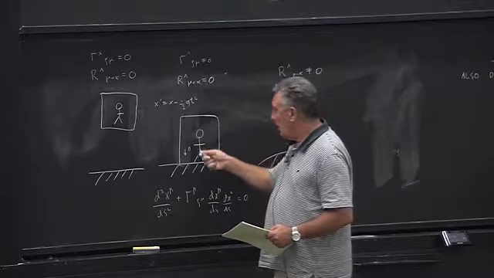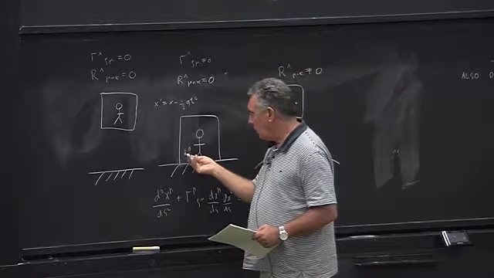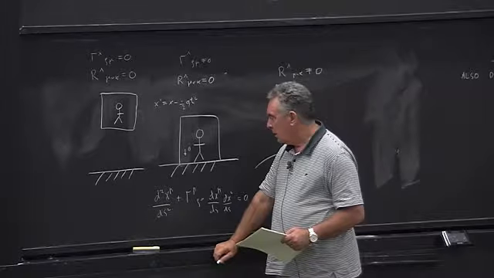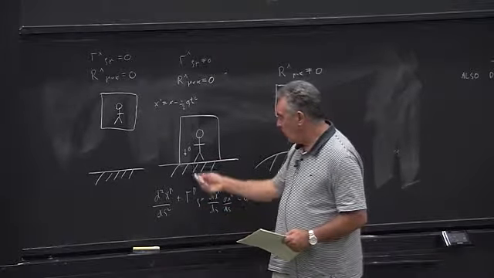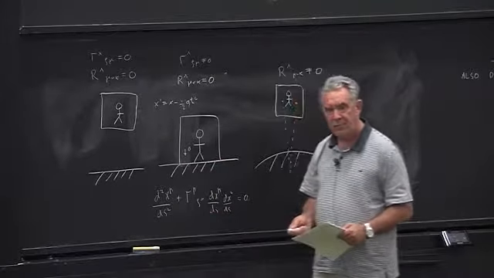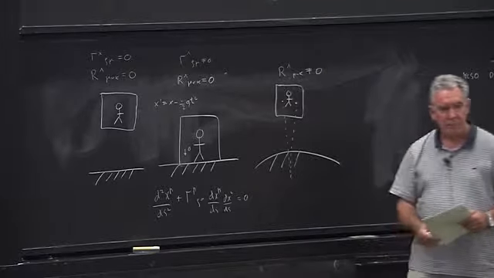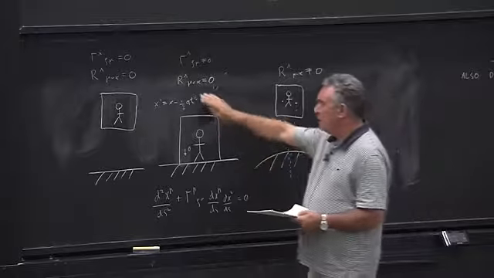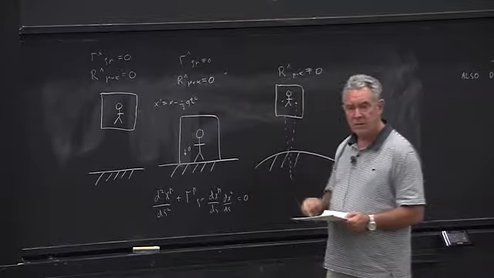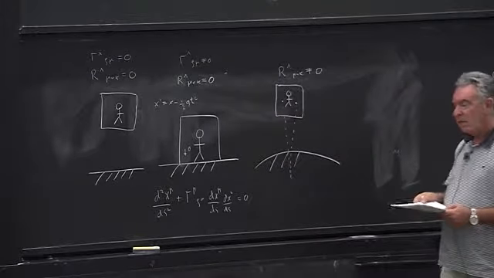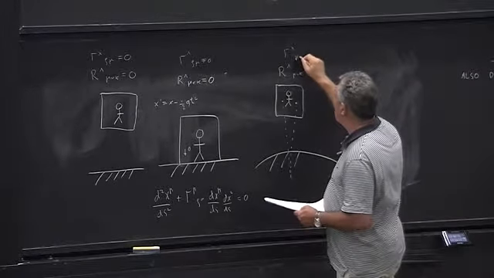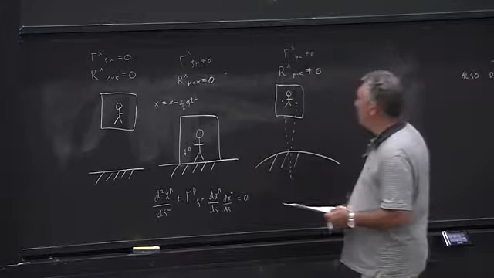But in order for there to be an acceleration, we need gamma to be non-zero. However, because it's homogeneous, the Riemann tensor vanishes. Here, gamma is not 0, and neither is Riemann.